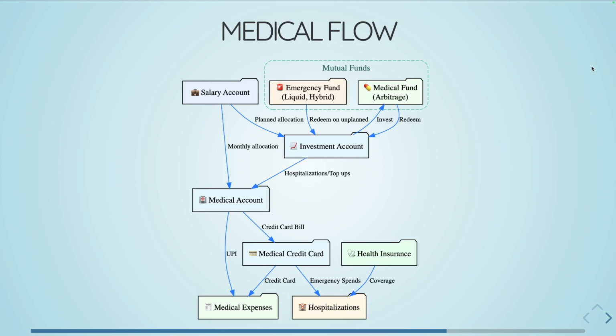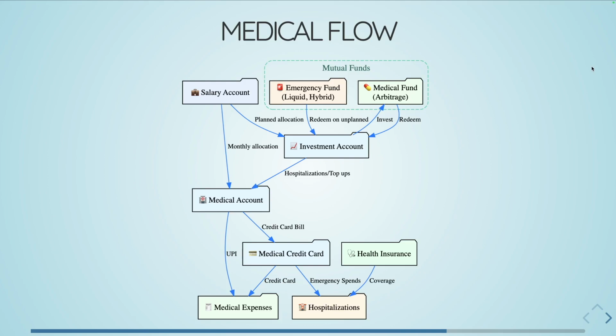What I have done in the past is accumulate money into an arbitrage mutual fund, where it's invested over a period, and it is redeemed after the bill is generated and so on, right? So again, as I said earlier, I'm managing all the investments via this investment account. The money flows from the salary account into the investment account if there is a planned allocation, right?